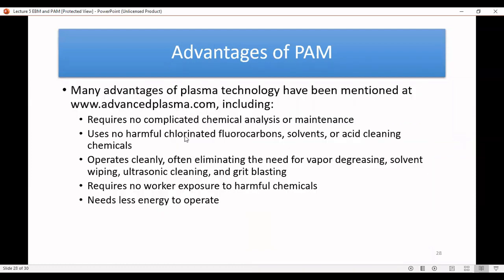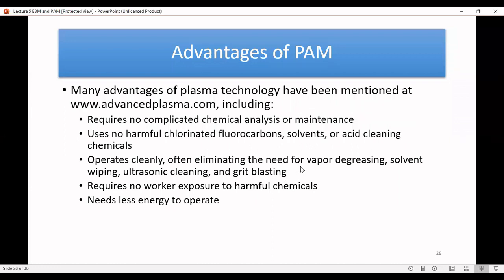Advantages of PAM: it requires no complicated chemical analysis or maintenance. So basically, it's quite simple to run. No harmful chlorinated fluorocarbon solvent or acid cleaning chemicals need to be used. Plate cleaning often eliminates the need for vapor degreasing, solvent wiping, ultrasonic cleaning, and grit blasting.